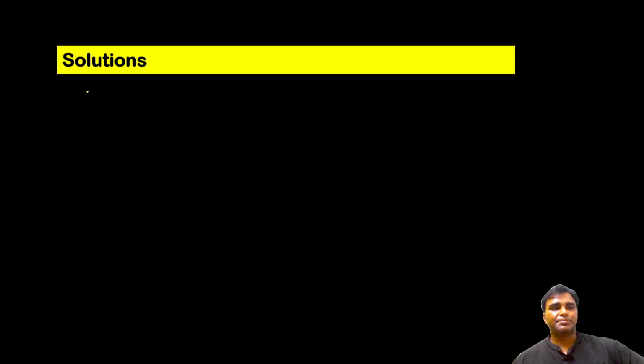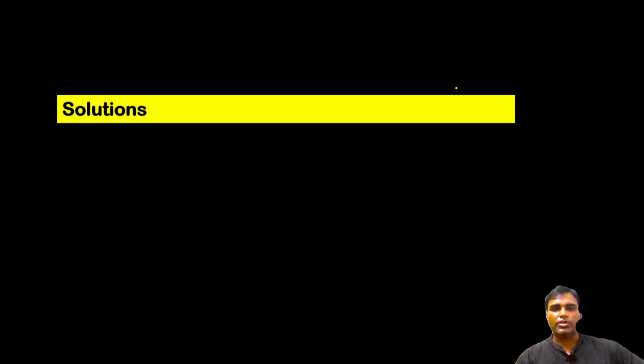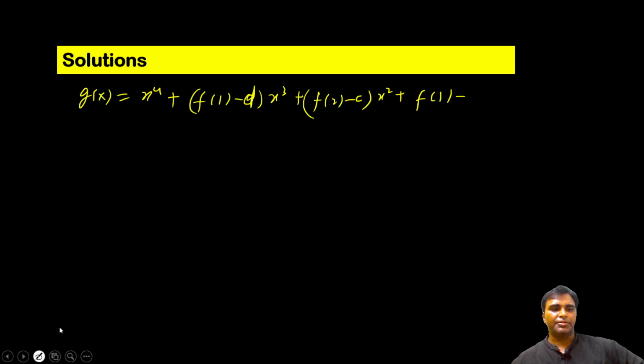The gx is x power 4 plus (f1 minus t) x cube plus (f2 minus c) x square plus (f3 minus b) x and f4 minus a.